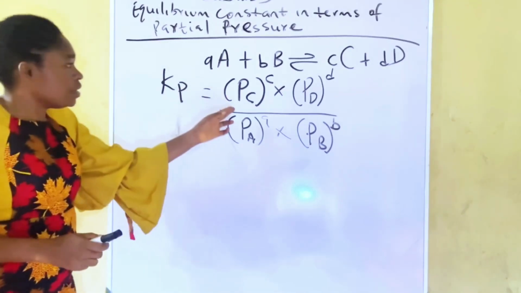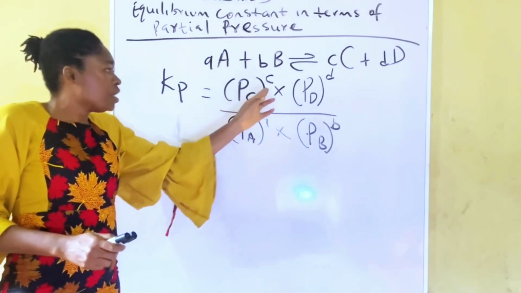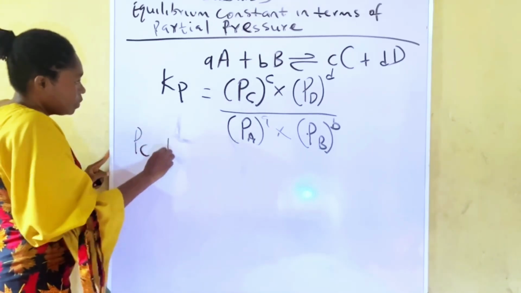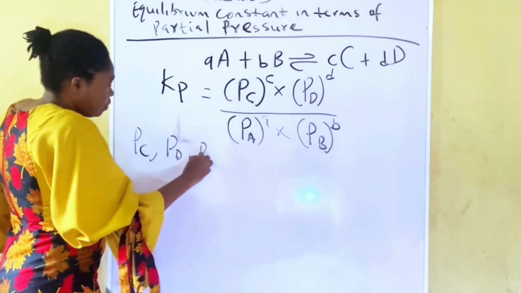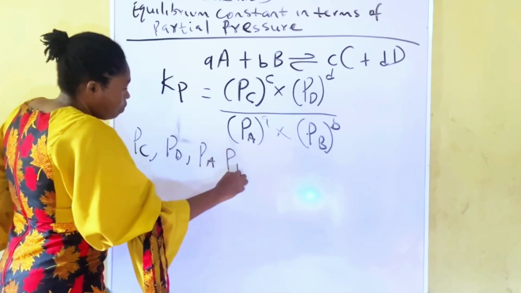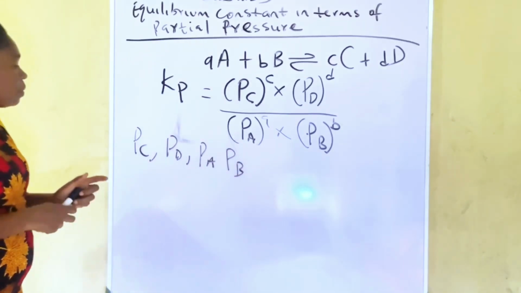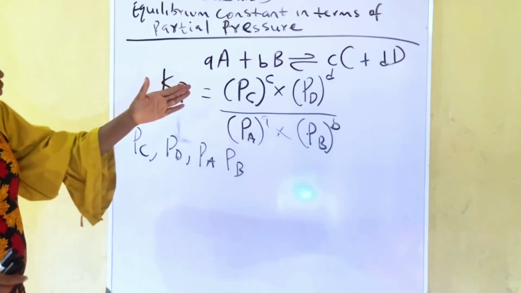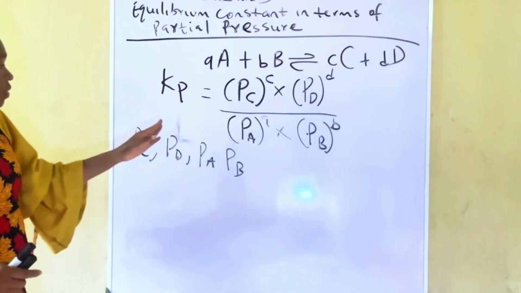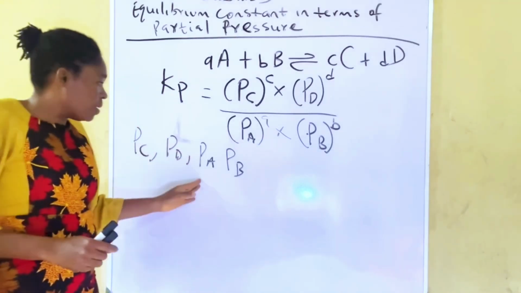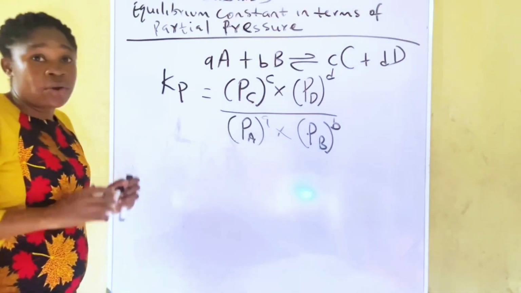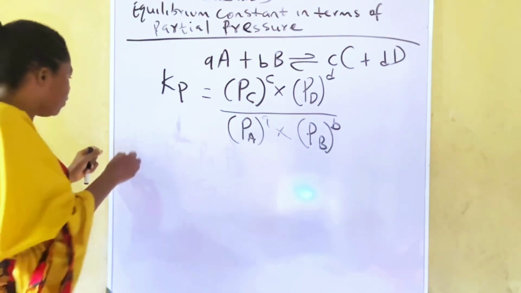So PC, PD, PA, PB represent the partial pressure for C, for D, for A, and for B.